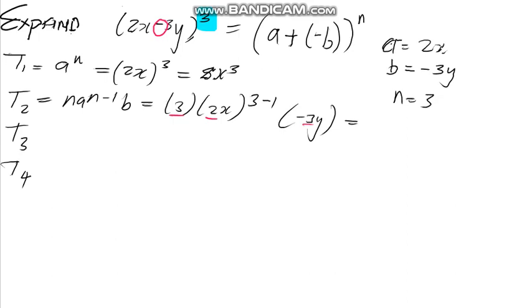So you're going to have minus 9y, open bracket, 2x squared, which will be equal to minus 9y times 4x squared.